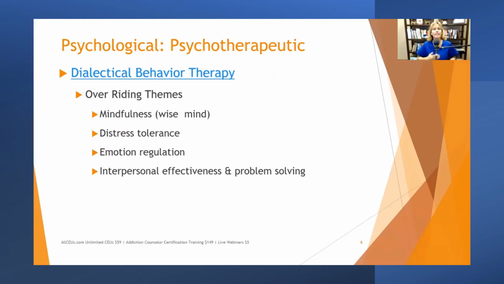So we need to help them learn how to identify what they need and effectively communicate their needs so it's not overwhelming to the other person, but so the other person can understand what's going on and can help them problem solve.